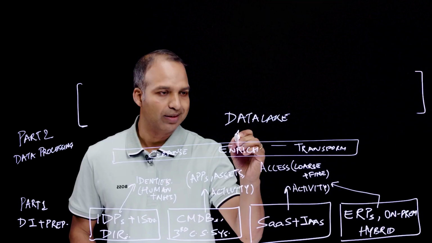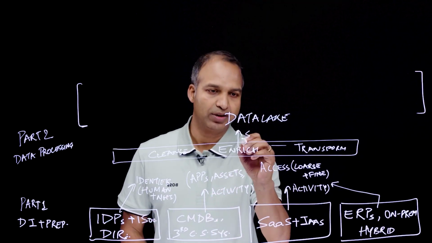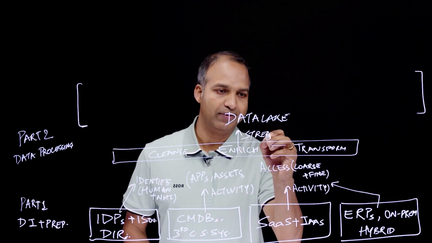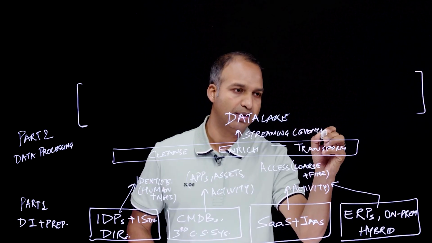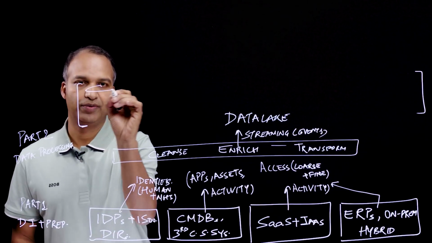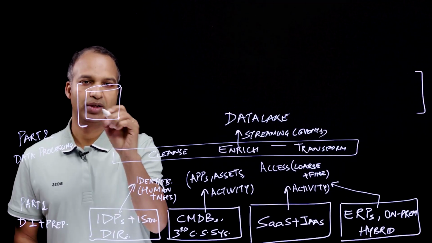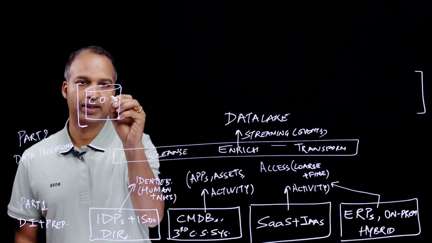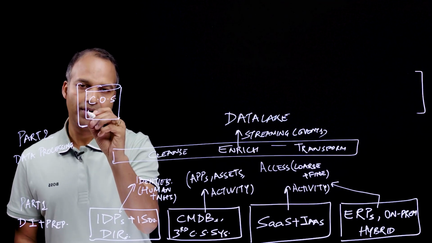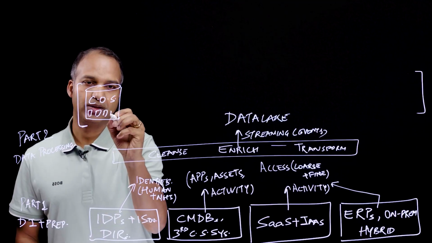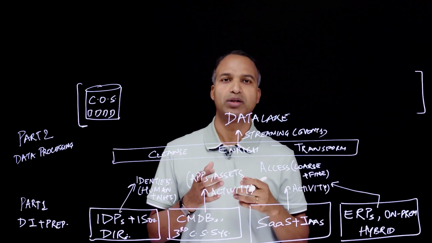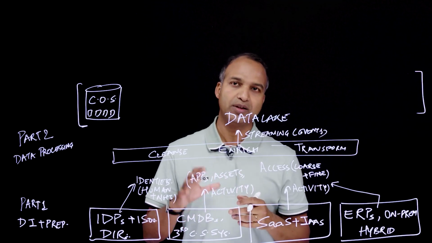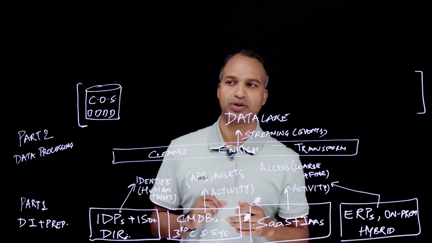As we are streaming this data in the form of events into the data lake, the first place where this data goes is a cloud object storage. And this storage, as the name suggests, is responsible for storing all your unstructured and structured data, which sits there ready to be processed.